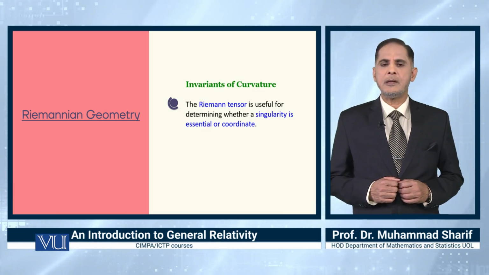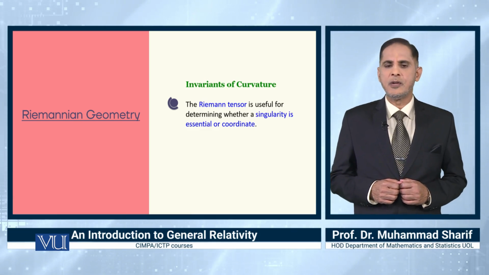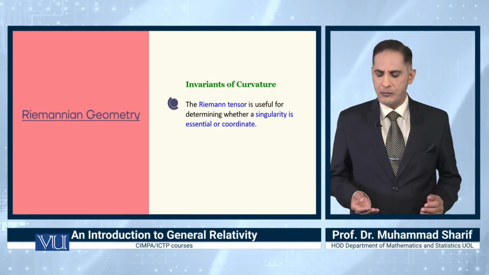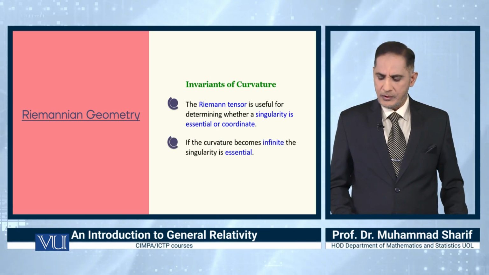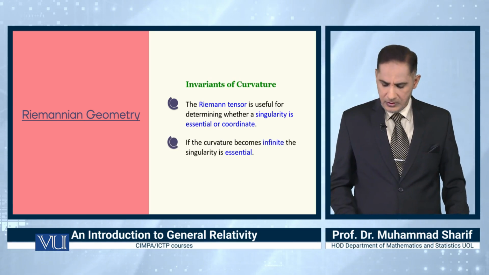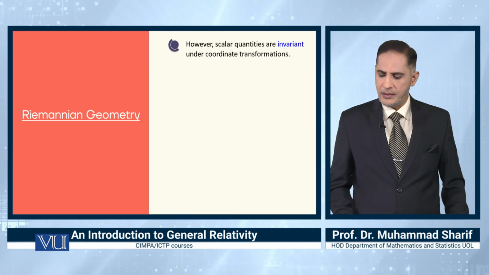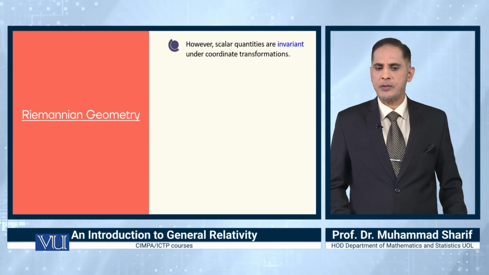Coordinate singularity is due to a bad choice of the coordinates. So if we can have very good coordinates, then we can remove that coordinate singularity. So if the curvature becomes infinite, the singularity is essential, and we can define the scalar quantities that remain invariant under coordinate transformations.